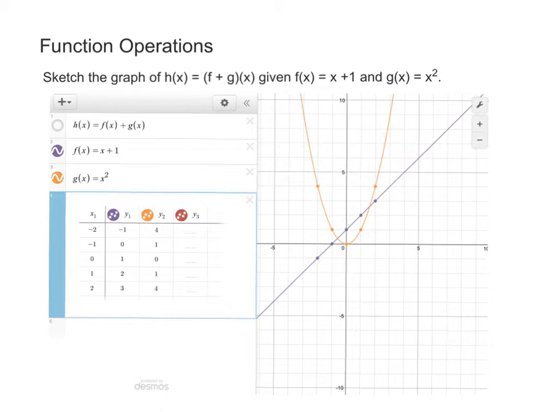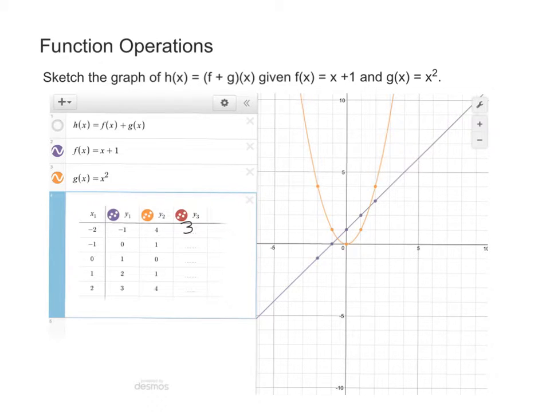For x equals -2, f of x is -1, g of x is 4, h of x is -1 plus 4. So it's 3. Which means if I want to plot a point, I'll do red because it's the red function.